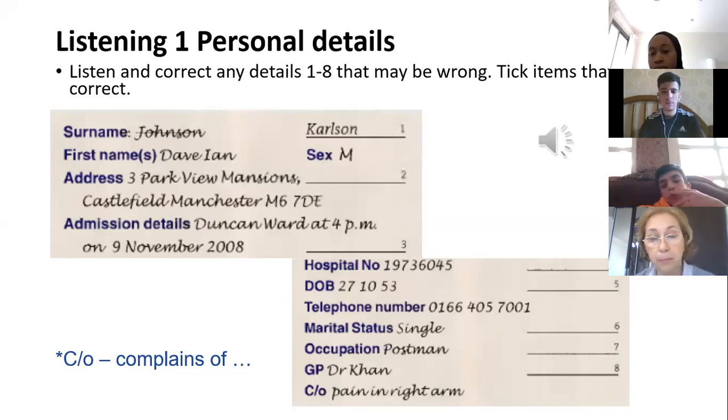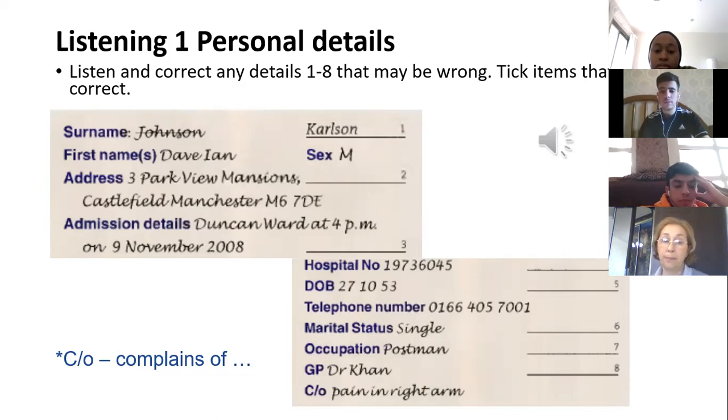I think he said 7953. Yeah. So 79 means the 7th of September. Good. And is the telephone number correct? No, I think it said something like 33. You are speaking about the hospital number, but I'm speaking about the telephone number. So with the telephone number, everything is correct.